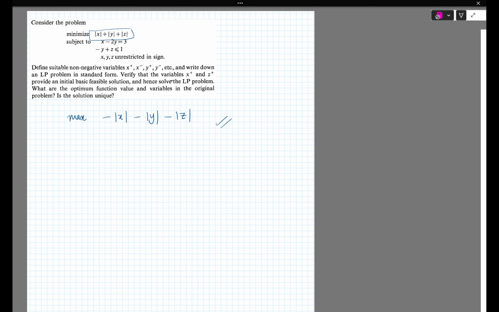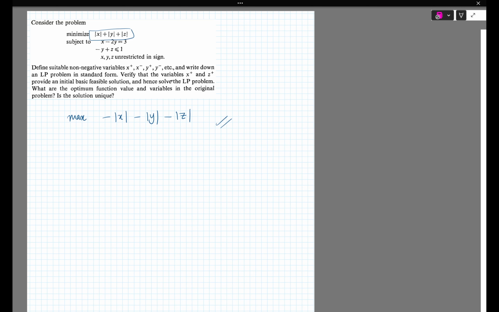What values will you take? We will get the x, y, z values from the simplex table.